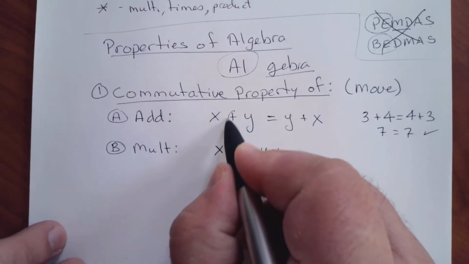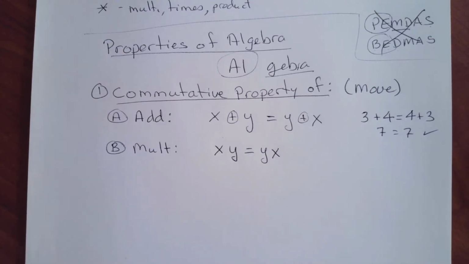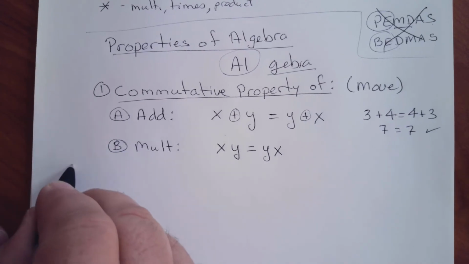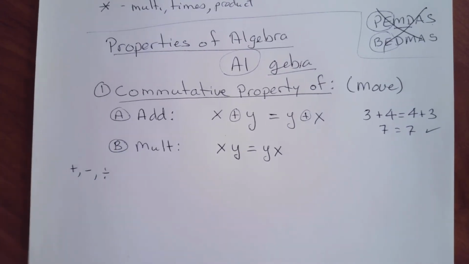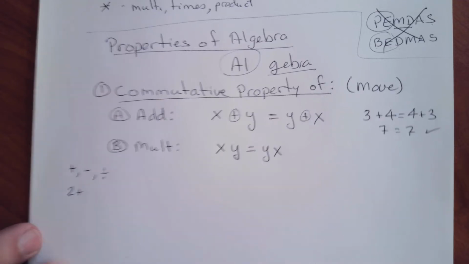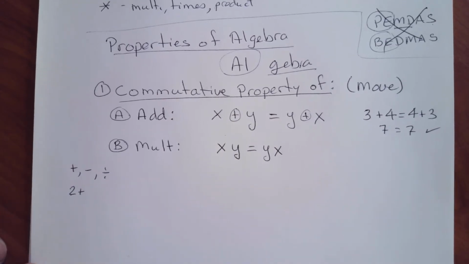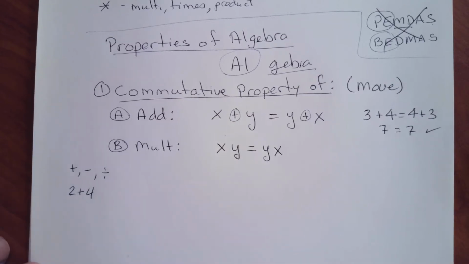We had the symbol for plus between these two letters, but there's nothing there. Multiplication is the only operation that doesn't have to be written to be there. For addition, subtraction, and division, the symbol has to be there. Does that mean anything? No. Once I put another number behind it, now it means something.